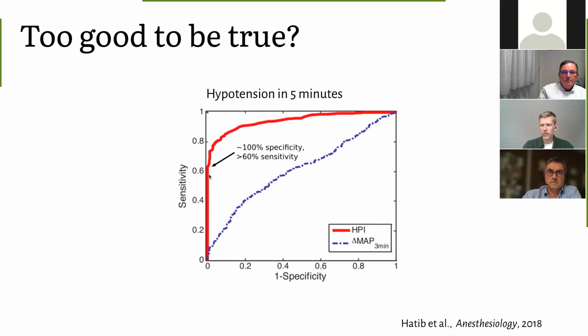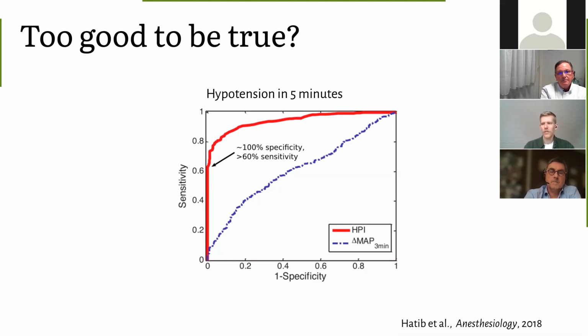And it has this strange shoulder with a very high specificity. And we can see that there is an HPI threshold where the specificity is 100%. And this implies that when HPI is above this threshold, hypotension will occur with 100% certainty. And this seems quite unrealistic.